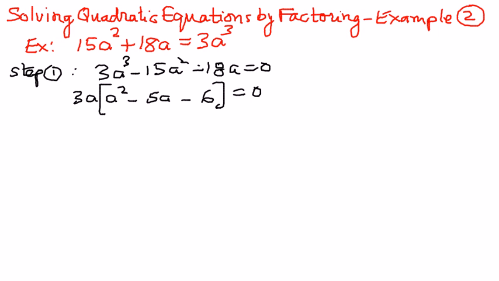So we pulled out 3a as common between all these terms, and what is left is a squared minus 5a minus 6, and we need to factor this part.